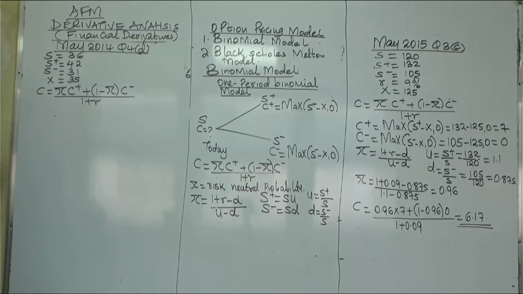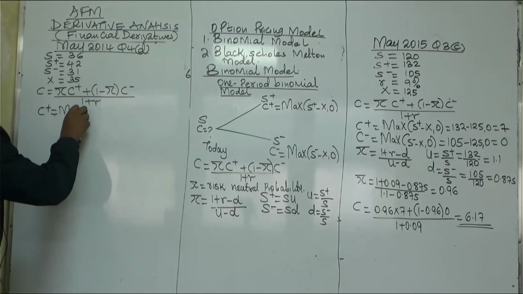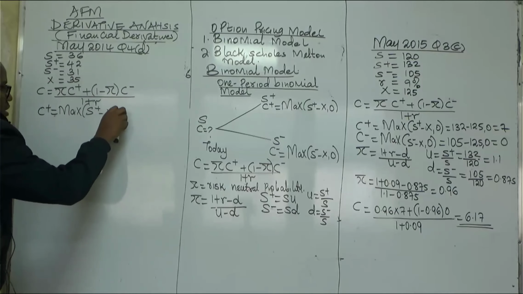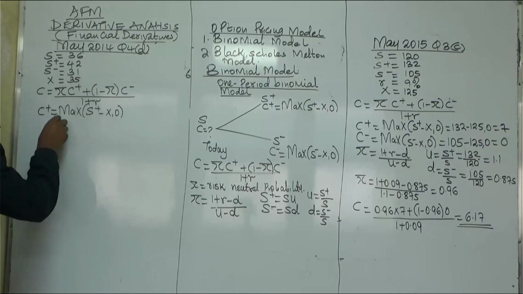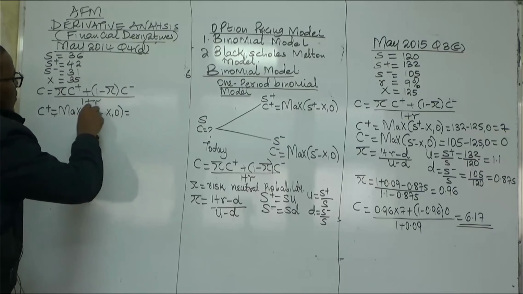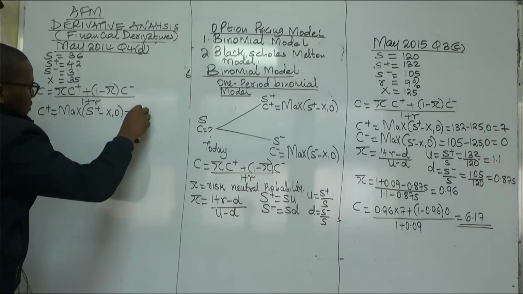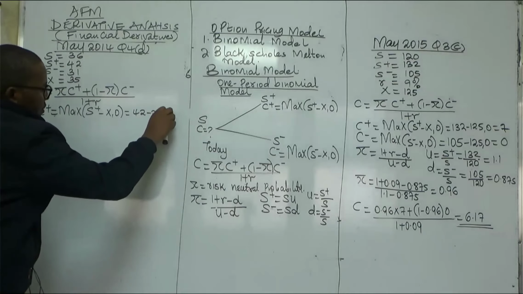In this case, C plus is the maximum of the spot price when it goes up minus the exercise price, compared with 0. The spot price when it goes up is 42, the exercise price is 35, compare with 0.